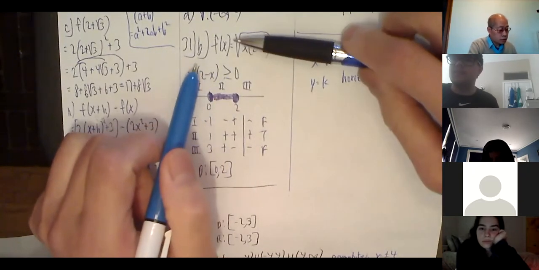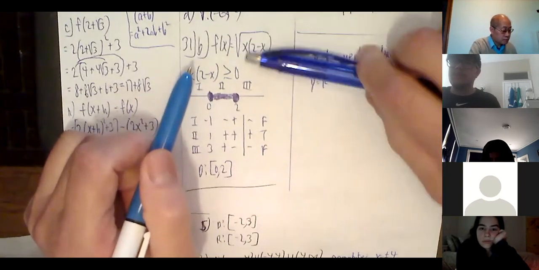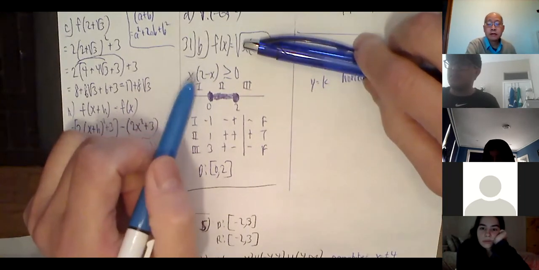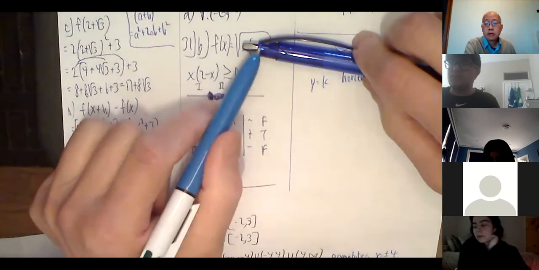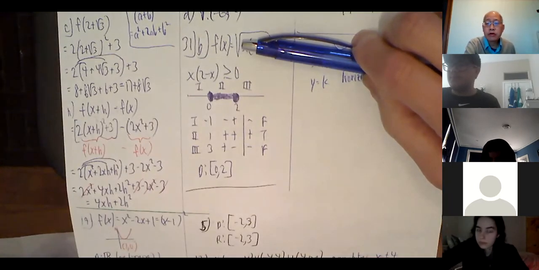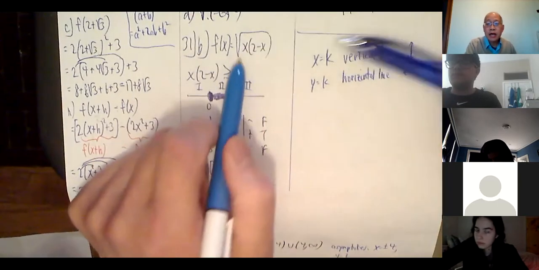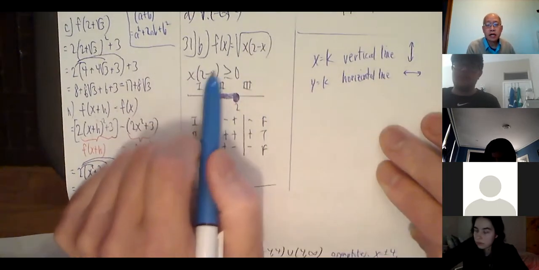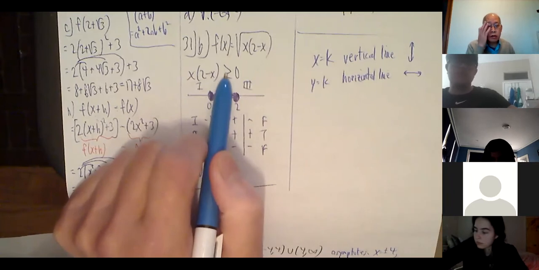Okay, so cover this up. If you don't like to look at it, don't look at it. So I say to myself, whatever's behind my pen has to be greater than or equal to 0, right? It's a square root. I can take the square root of a positive. I can take the square root of 0, but I'm not allowed to take the square root of a negative. So the thing behind my pen, x parentheses 2 minus x, is greater than or equal to 0.